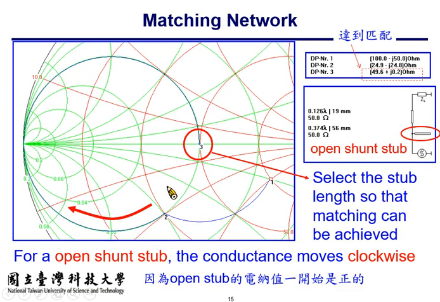So once you connect, well, in this case I place an open stub, but that doesn't matter. So it adds a different value of susceptance. So the point is actually moved this way.